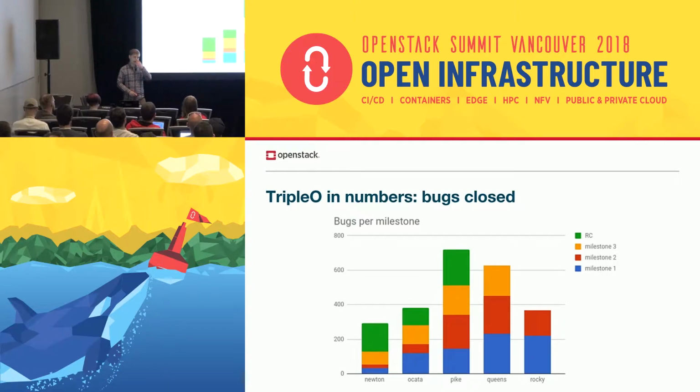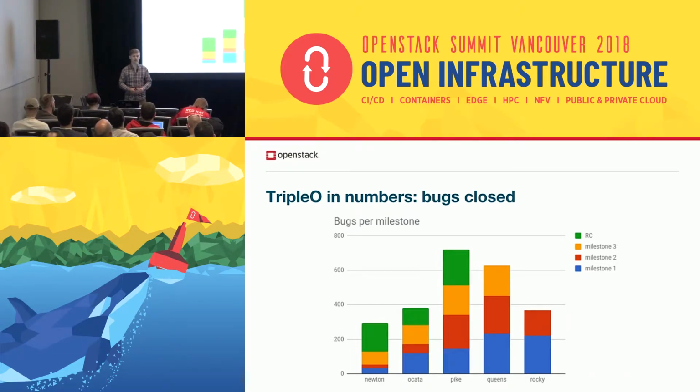So I thought it useful to share some numbers with you. Over the last cycle, we have seen quite interesting numbers. The number of bugs that we close in TripleO is interesting to look at. If you remember Pike, that's the release where we containerized the services, and that's where we had a large number of bugs.